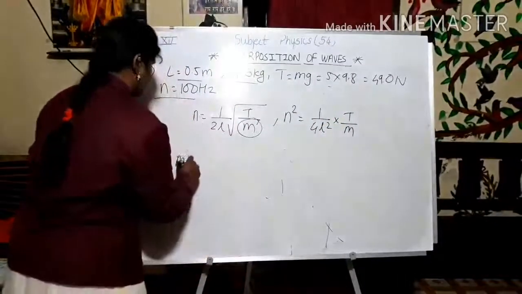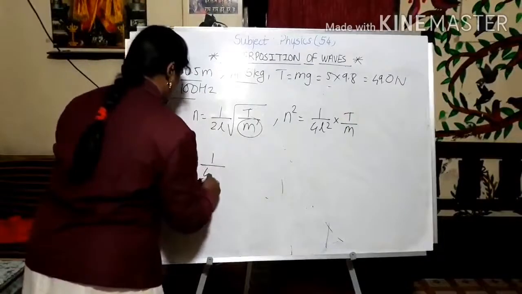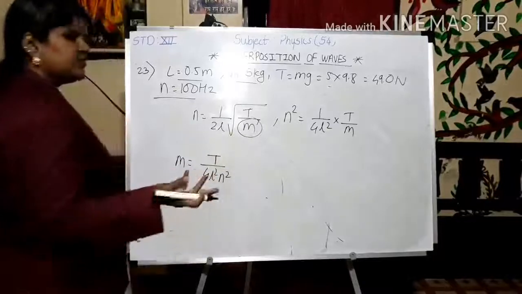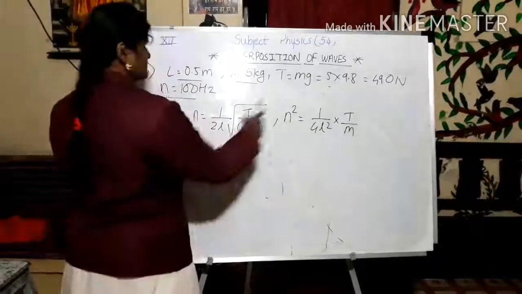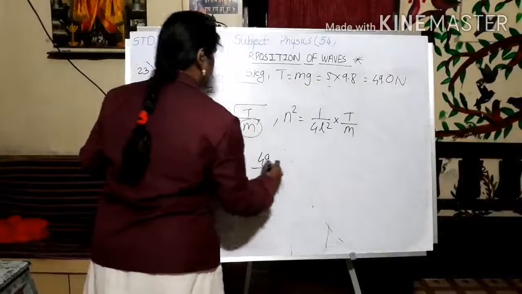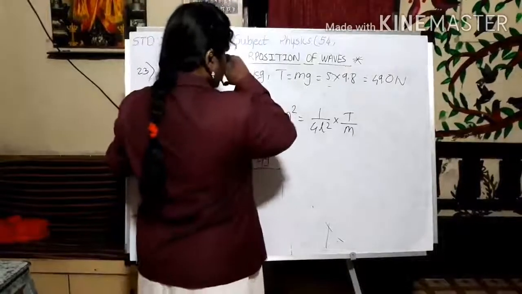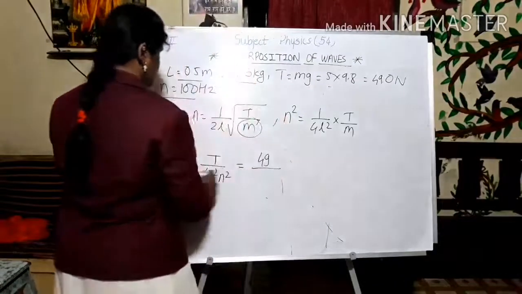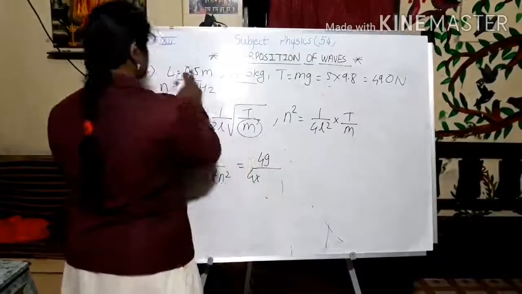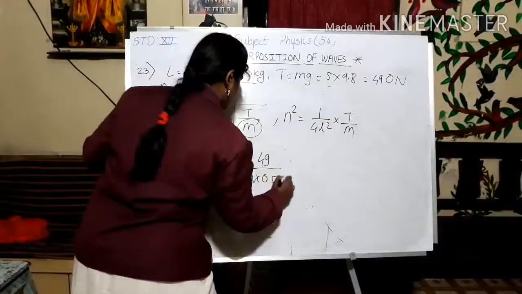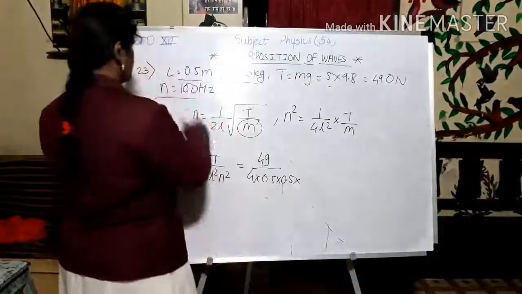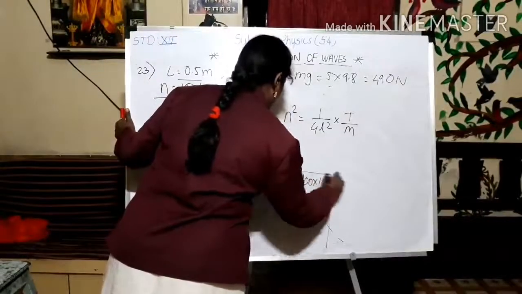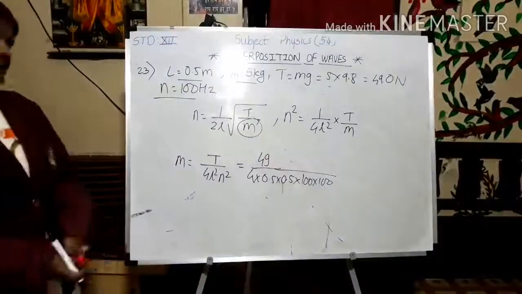Arrange the equation in those terms. Substitute all the values: T, L square, n square. And you can just solve and find it out.